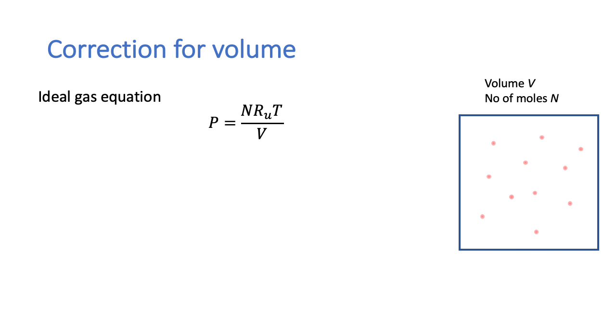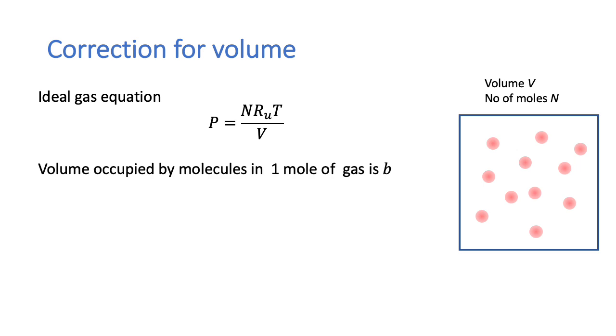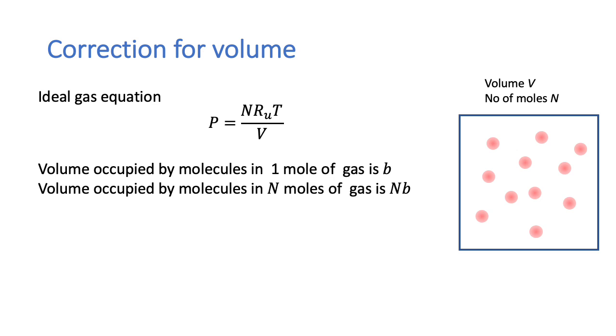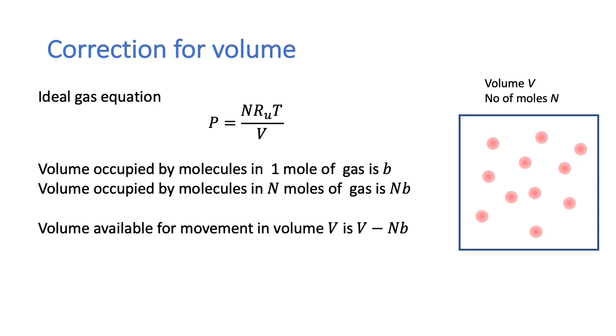The ideal gas equation is given by P is equal to N RuT divided by V, where we have a gas that occupies a volume V and the number of moles is N. Now, if instead of having point masses, we assume that they have some finite volume, then let us say that the volume occupied by the molecules in 1 mole of gas is B. The volume occupied by the molecules in N moles of gas, therefore, is N times B. So the volume that is available for movement of the molecules is not V, but V minus NB, where NB is the volume occupied by the molecules themselves.